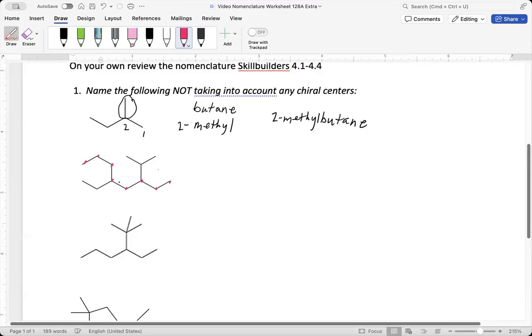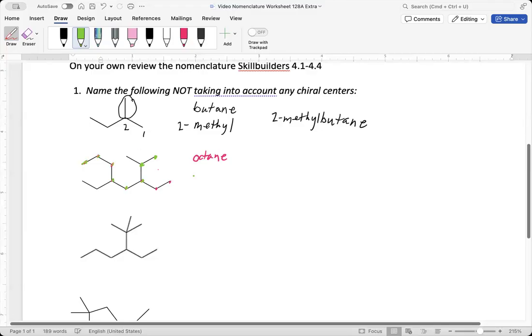If I numbered the compound this way, first of all, that would be octane. So 8 carbons. I would have 2 substituents on this molecule. If I number the parent starting here up at the top, that'd be 1, 2, 3, 4, 5, 6, 7, 8.